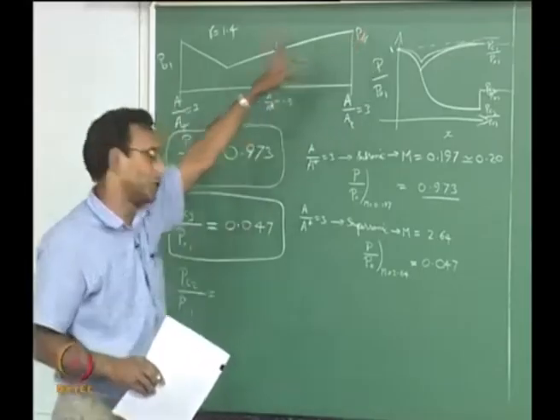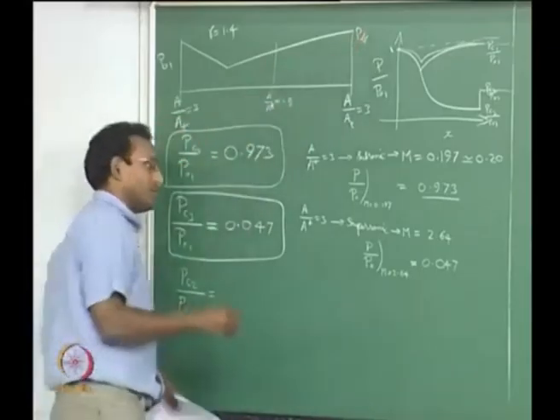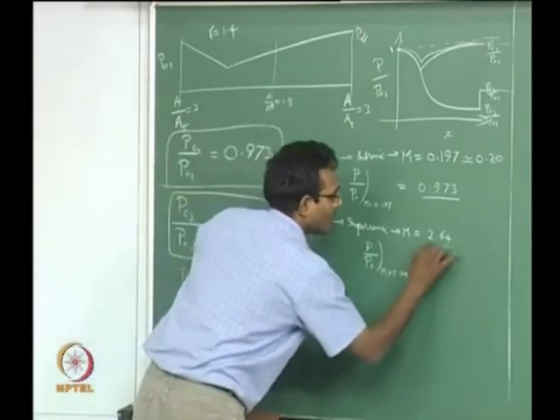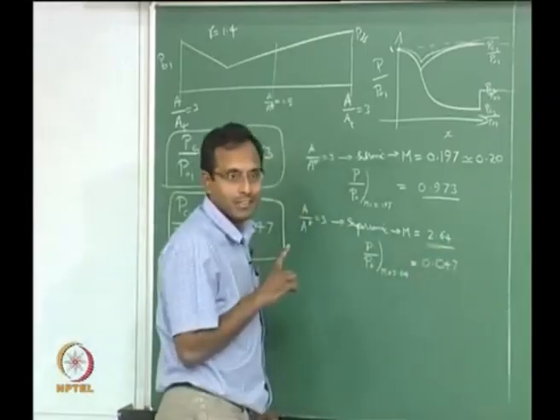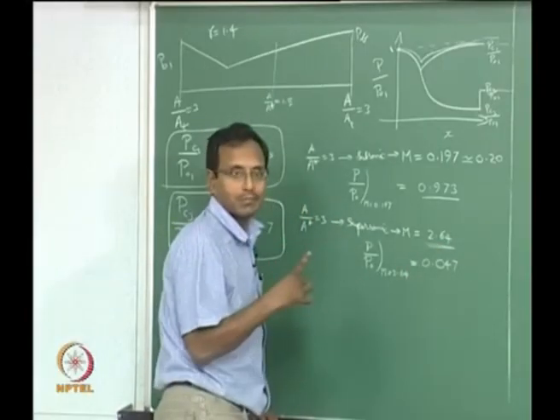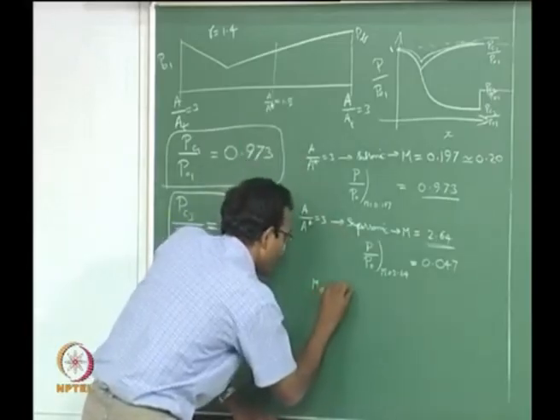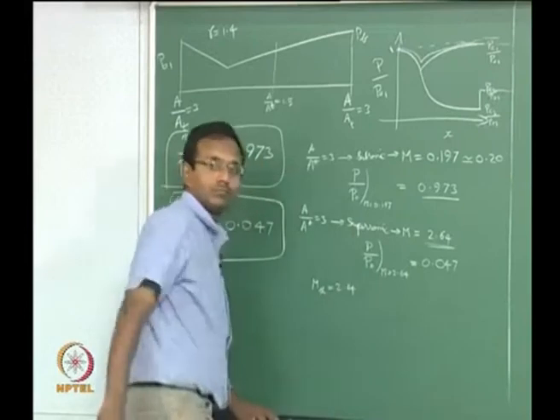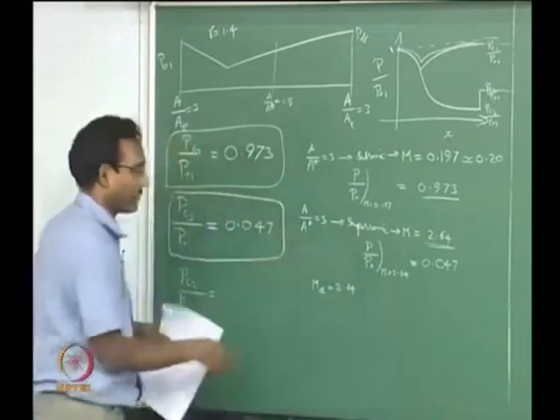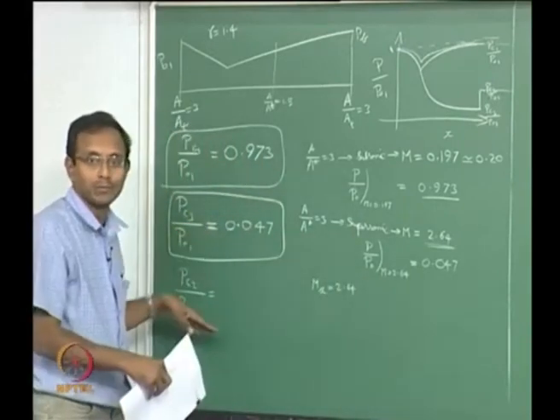That is my critical pressure 2. For that to happen, I should have a Mach number 2.64 at the exit, and there should be a shock at that Mach number. So all I have to do is M shock equal to 2.64. I already did P critical 3, that is why I did this before the other one, P critical 2.